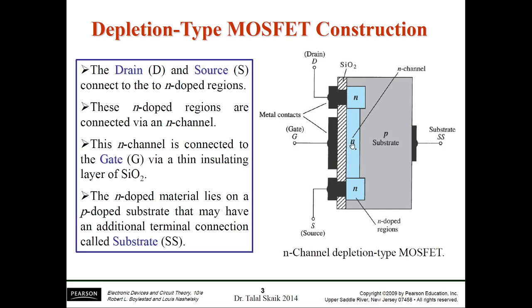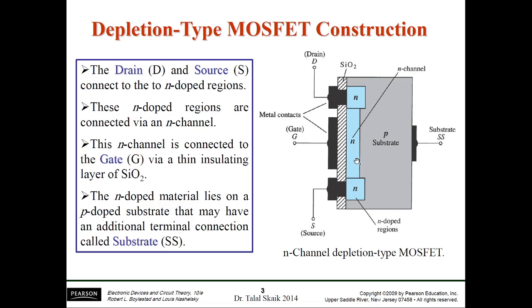So this will act as a capacitor: a conducting metal on one side, a conductor on the other, and insulating material in between. That's why we see this construction as a MOS capacitor. This is the simple construction of the N channel depletion MOSFET.